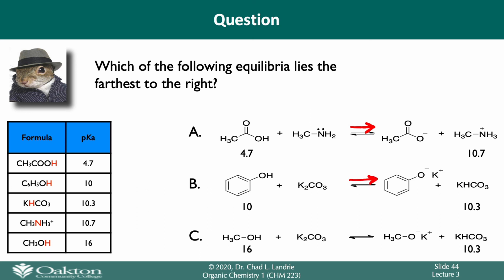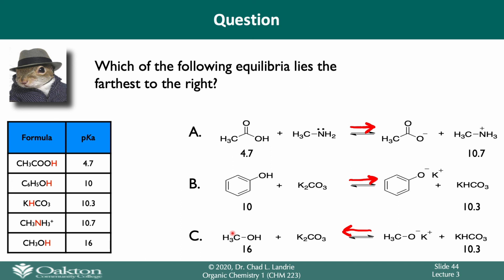But in C, the equilibrium lies to the left. The weakest acid is actually the alcohol, methanol, here on the left. All right, so it's between A and B. And then we could do the math. We could calculate the KEQ for each one of those and figure out which is bigger. Or we could just look at the difference in the pKa values.